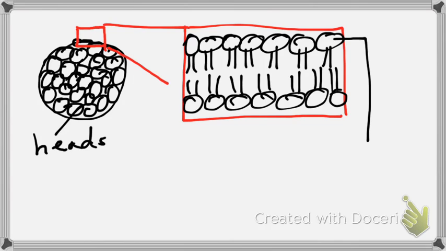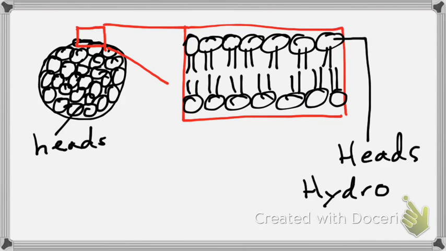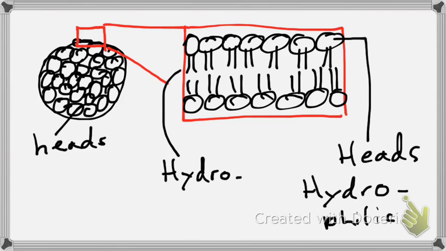Remember, these heads are what we call hydrophilic, because they love water, whereas these tails are hydrophobic, because they hate or fear water. Now I'm going to do a balloon demonstration to show you what this is actually talking about.